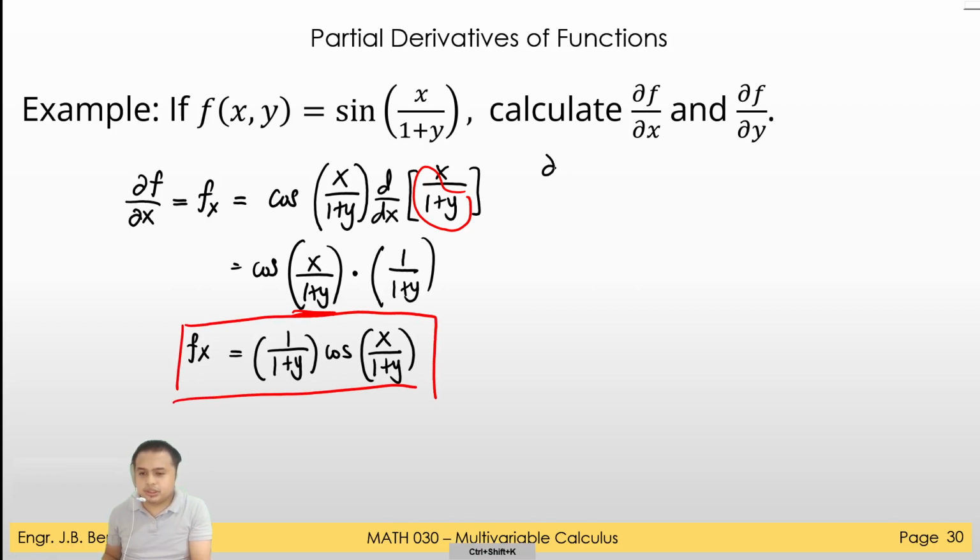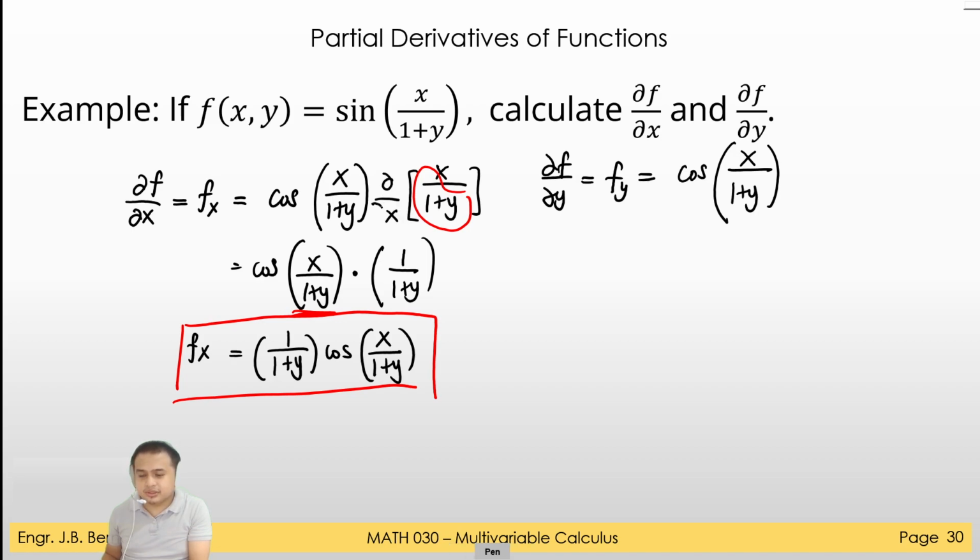Now to find the partial derivative with respect to y, or f sub y, we will again find the derivative. The derivative of sine is cosine, and then we have x over 1 plus y again. And then for this one, actually, this should be a partial derivative.